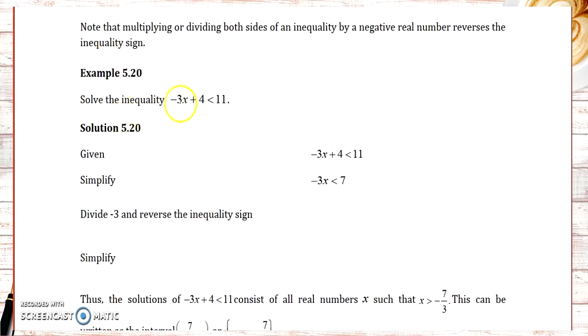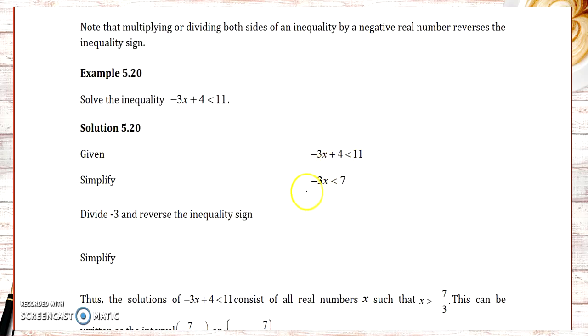Solve the inequality negative 3x plus 4 less than 11. We are given this inequality. To simplify it, we need to keep only the variable on the left hand side. Therefore, we need to eliminate 4 from the left hand side. To do that, we subtract 4 from both sides.